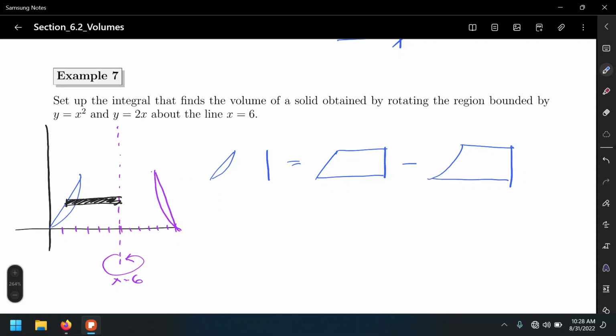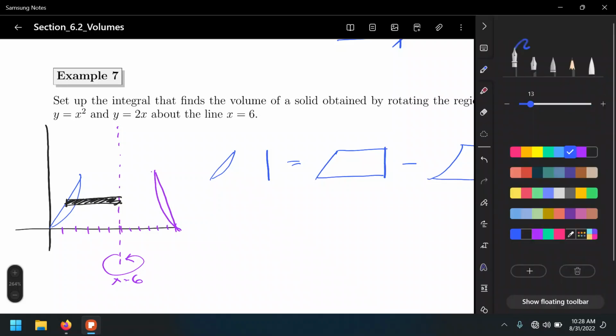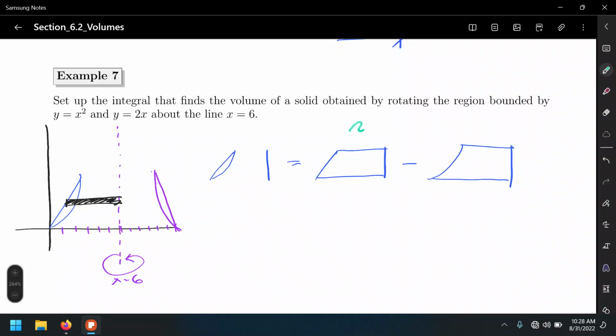All right, so let's label again: big R, little r, and what do we have here? This is x equals 1/2 y, and this is x equals 6. Then this is x equals root of y, and this is also x equals 6.